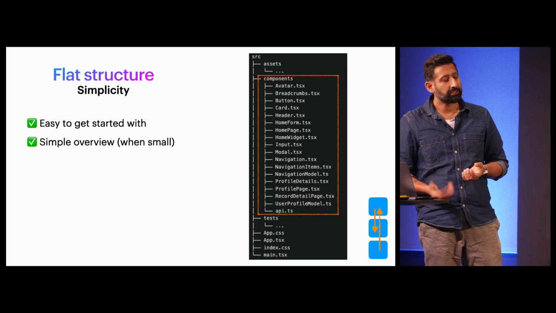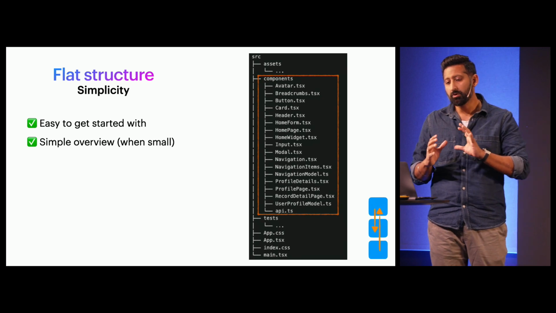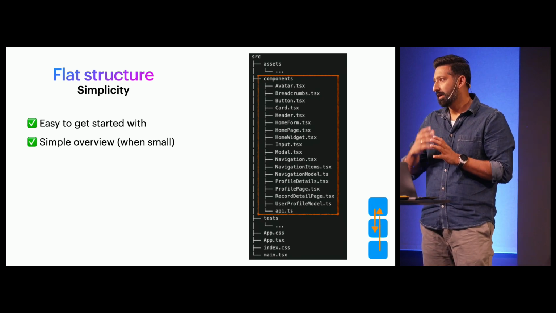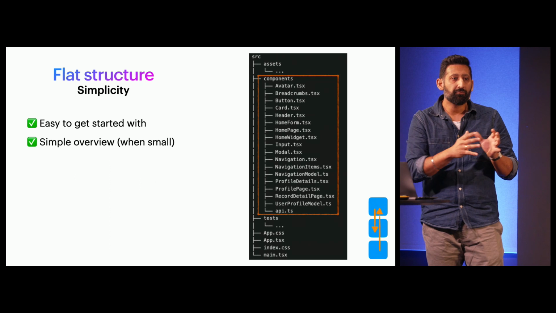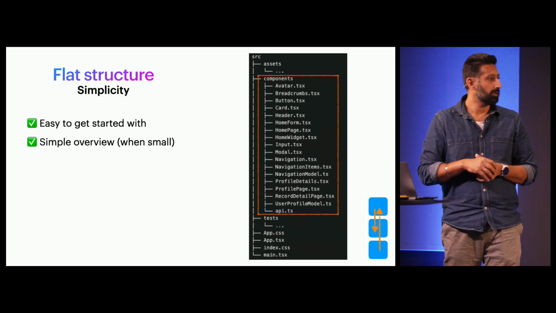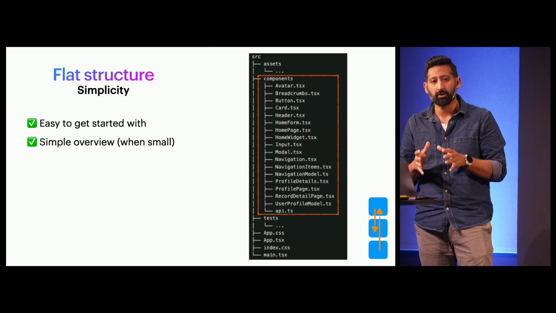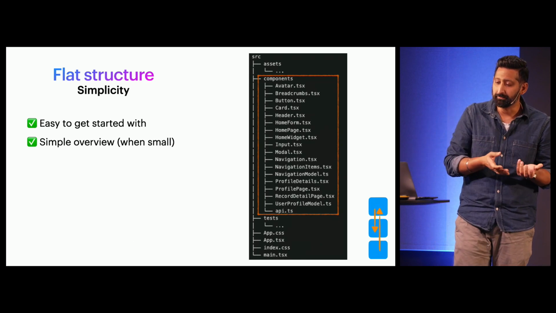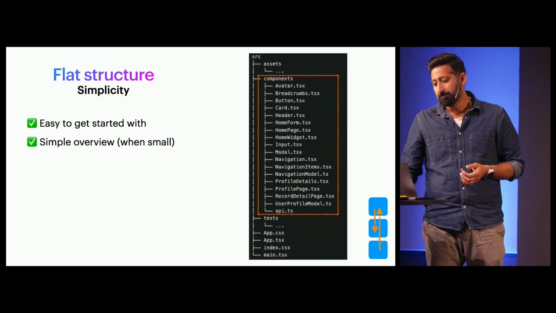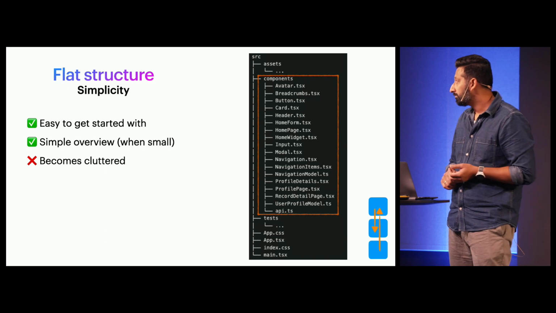It's really simple to get started with, like I mentioned. And it's so common that any new developer will meet this in every single tutorial they see. Every tutorial will have a very simple structure because they don't want people to focus on the structure. But it does become cluttered over time.